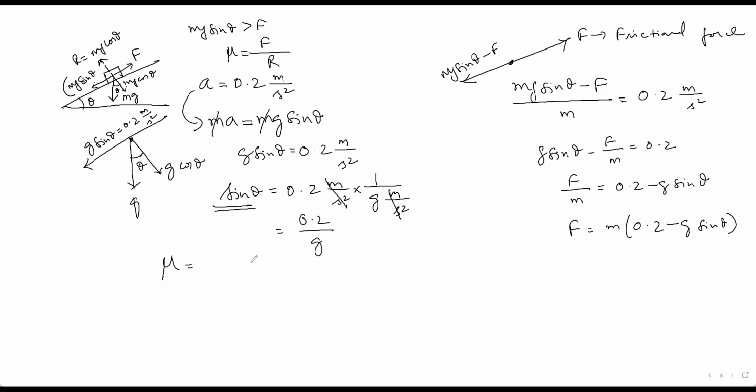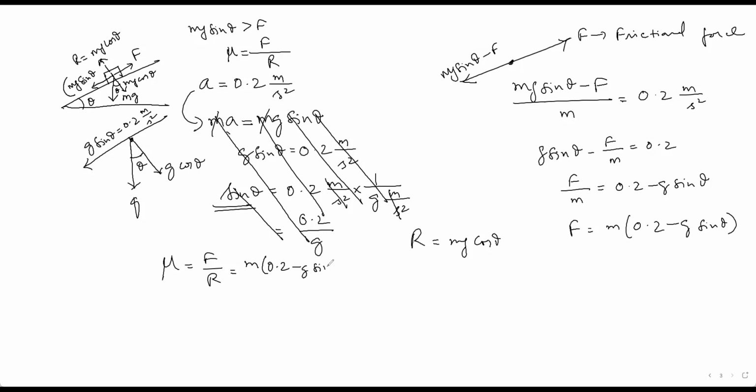So when we calculated this earlier, we just used it without the friction. Friction is opposing, so it's not exactly sliding without the friction. Now we need to use F over R, because R is also calculated. R is given by mg cos theta. So F over R will be equal to m multiplied by (0.2 minus g sine theta), the whole thing divided by mg cos theta.